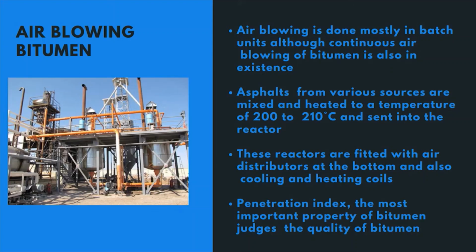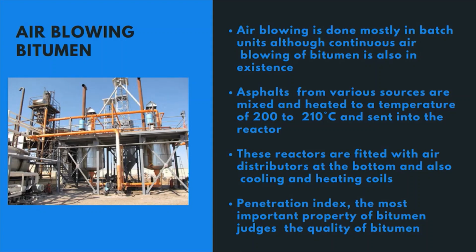One important property which is vital for bitumen or asphalt is the penetration index. The penetration index, the most important property of bitumen, judges the quality of the bitumen. There are different grades of asphalt produced in a refinery. For example, based on penetration index, it can be 30, 40 or 60, 70 or 80, 100. Each kind of asphalt is meant for different usage.